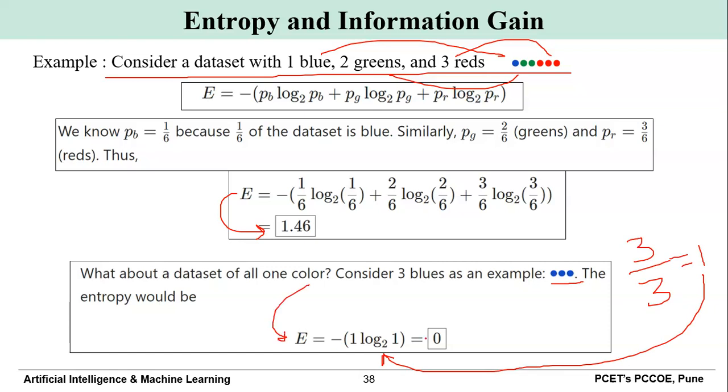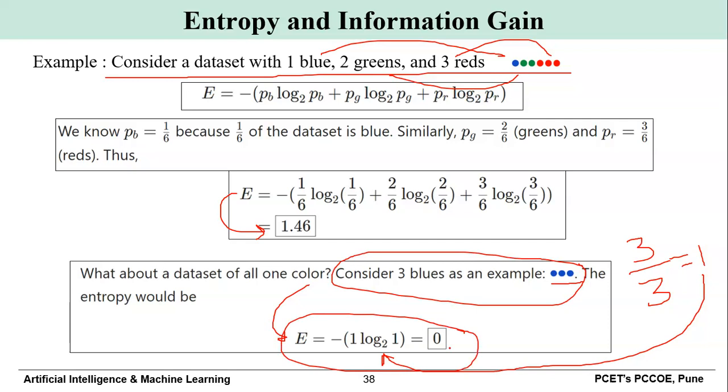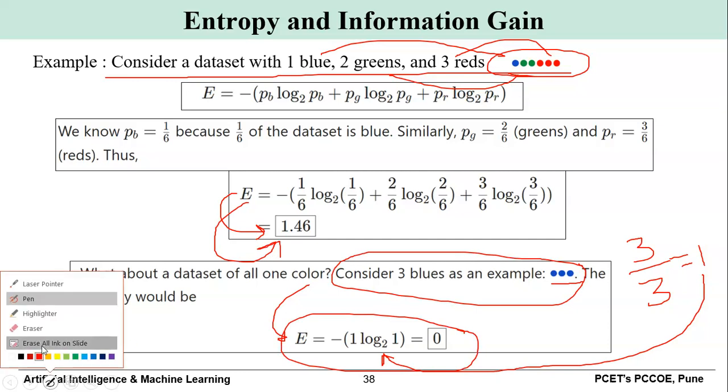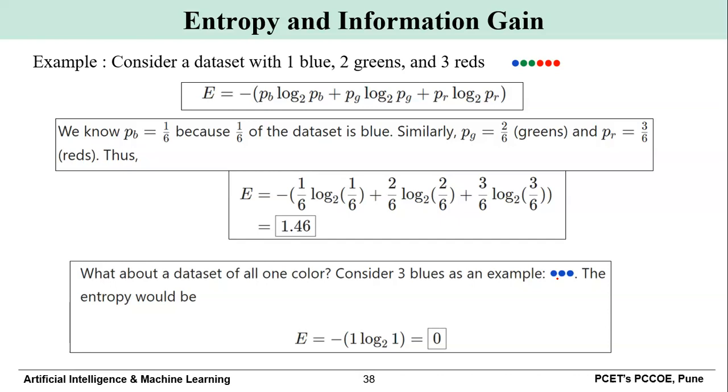So what we understood from this is, if there is little variation or no variation in the data, entropy is 0 or close to 0. However, as the variation increases, as in the first example, you will get a larger value of entropy. So you need to understand that with less variation, the entropy value is close to 0, and with large variation, the value of entropy is large.